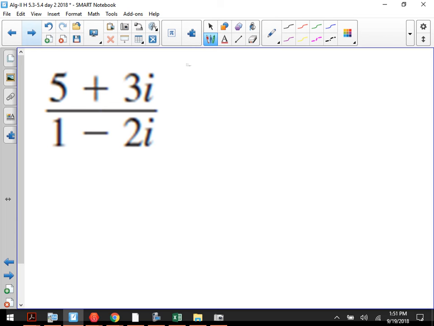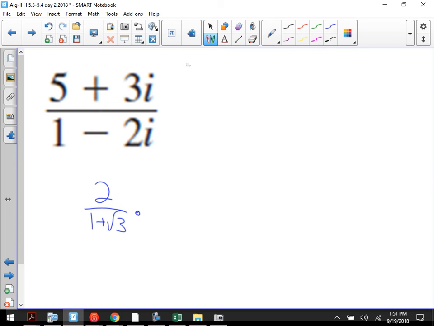So you think about difference of squares. If it's 1 minus 2i, it would be 1 plus 2i. Because if I FOIL that out, what happens to the i's? They go away. You multiply by their conjugate. You did this last year, or maybe the year before, if you had 2 over 1 plus the square root of 3, in order to simplify that out, you have to multiply by its conjugate, 1 minus the square root of 3.